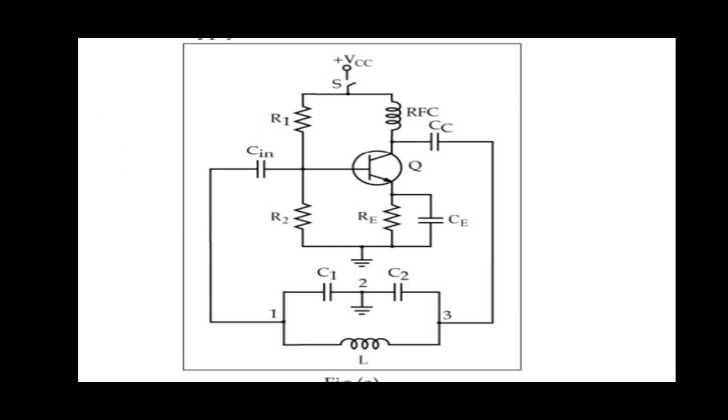The only difference is C1 and C2 instead of L1 and L2, and instead of C, an inductor L is connected. So the Colpitts oscillator consists of two capacitors in series and an inductor connected in parallel.